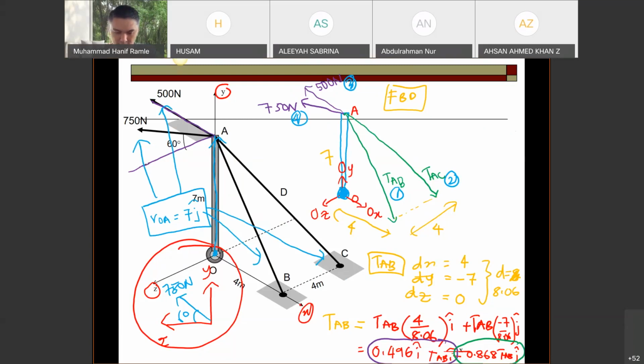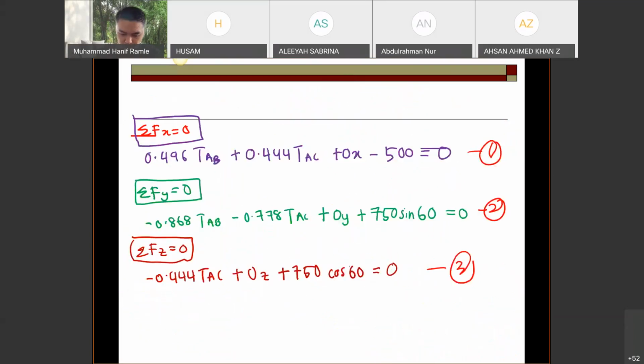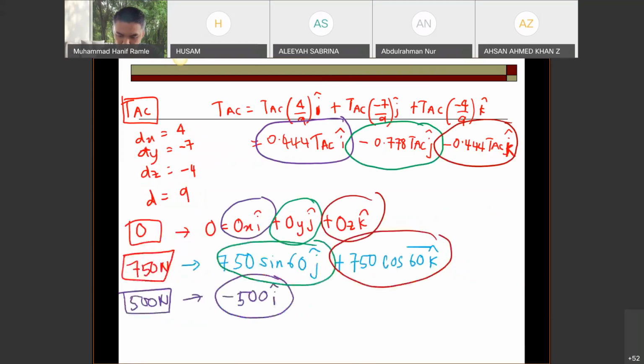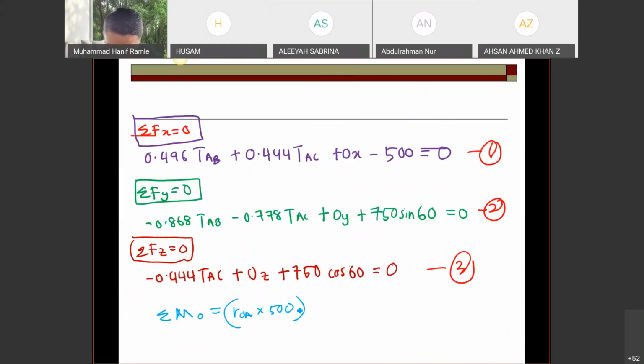So the other 2 equations can be got from here, which is r_OA cross with 500. The first one, 500, should be 500 i. Okay, this one is i.